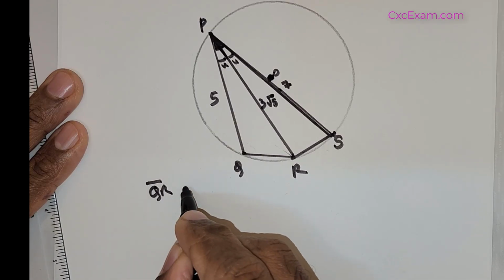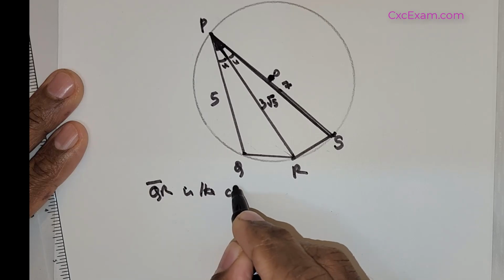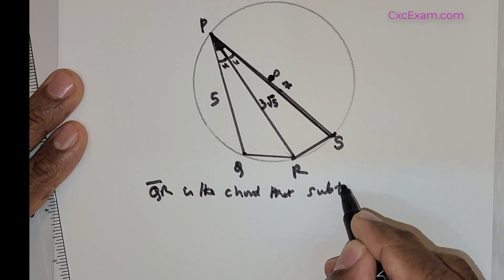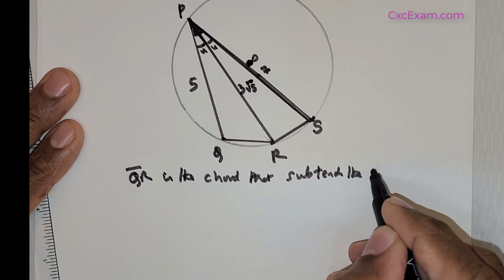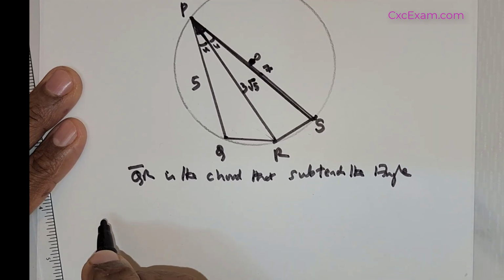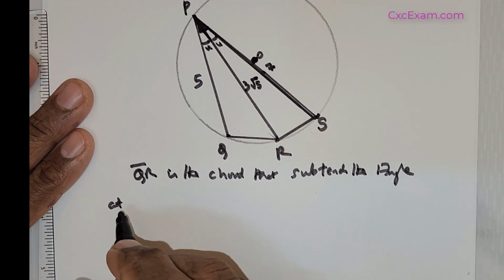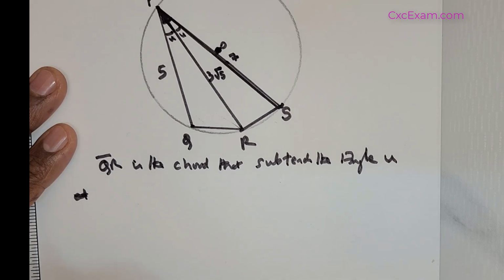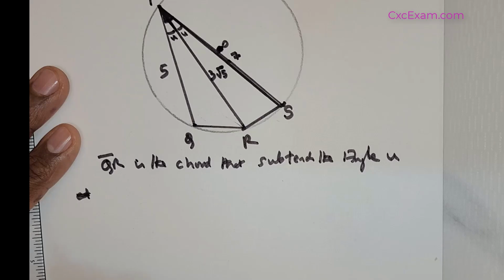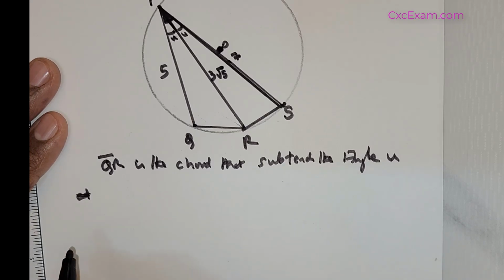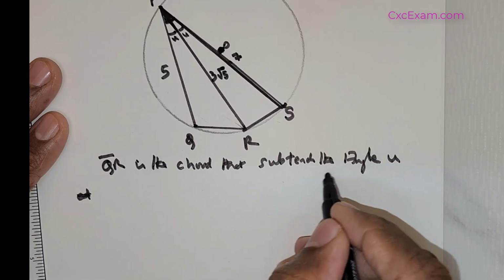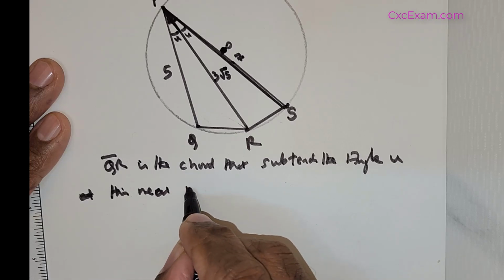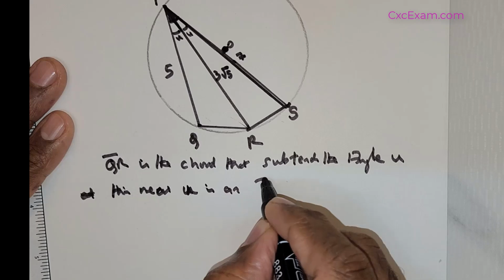QR is the chord that subtends the angle, say, U. Okay, so if that be the situation, then this means U is an inscribed angle.